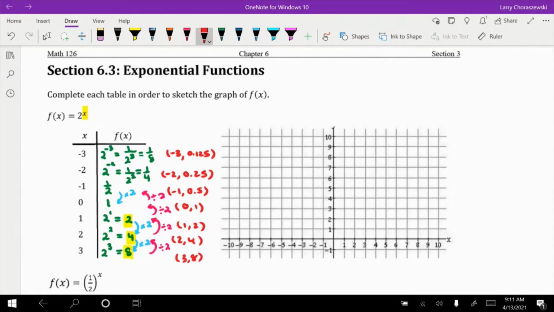Let's go ahead and plot these points. I like to start with 0, 1. And then what I'm going to do is plot the points that fall underneath it in the table. So 1, 2, 2, 4, and 3, 8. Now, if we had used x equals 4 in the table, what do you think the y value would be?